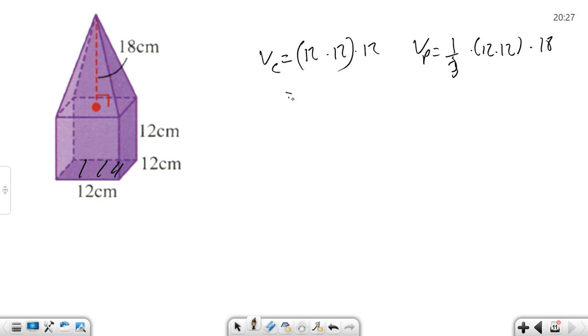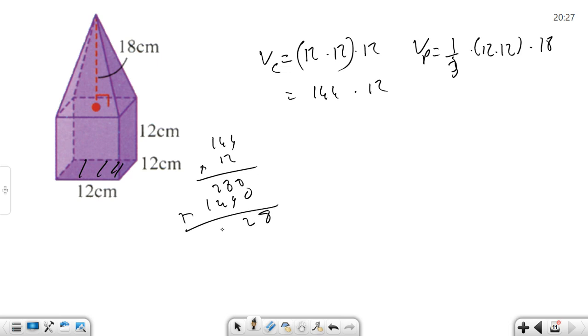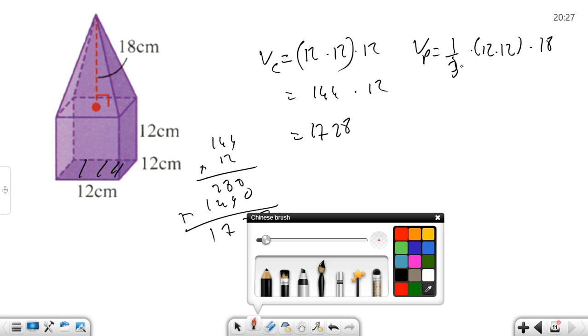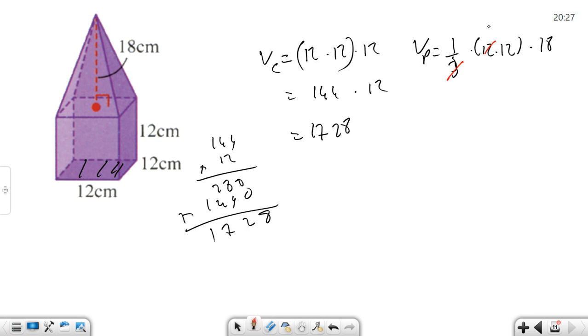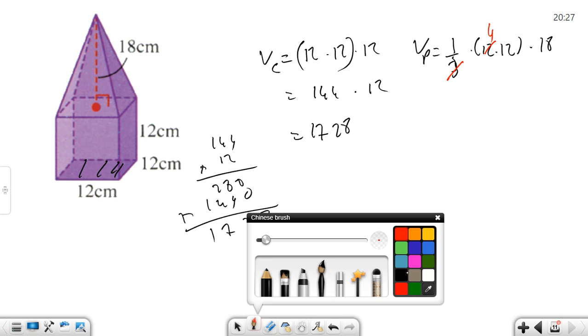So 12 times 12 is 144. 144 multiplied by 12. Let's calculate it here. 144 multiplied by 12, so 288, put the 0, 144, add them, and that's equal to 1728. Now the pyramid: first, let's simplify this 3 and this 12, so it becomes 4.